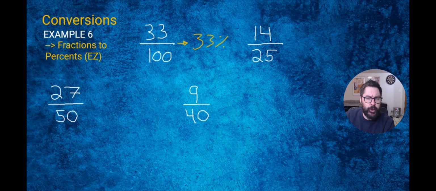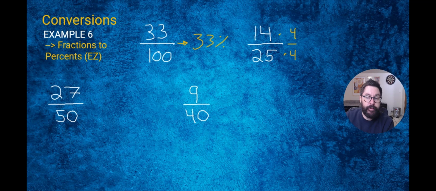Okay, but what about 14 over 25? That's not per 100. How is this a nice number? Well, 25 goes into 100 evenly. Again, you can think 4 quarters makes $1. So what we're going to do is multiply both the top and the bottom by 4.